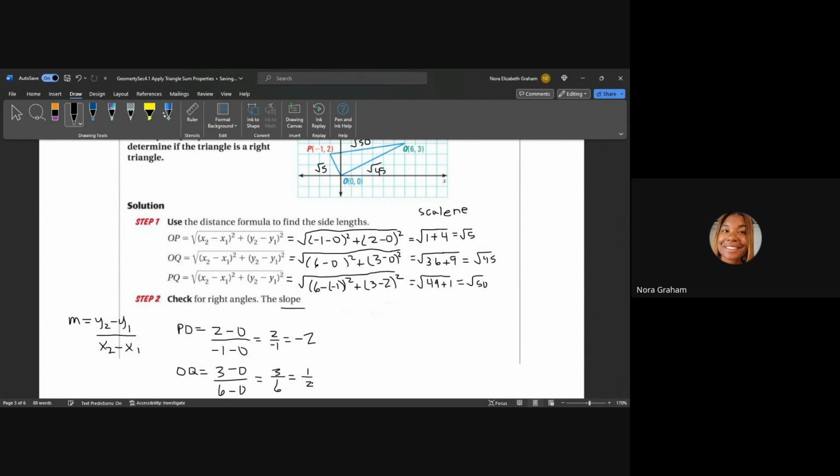Now, I can see the opposite reciprocal of negative 2 is positive 1 over 2. So both these slopes are opposite reciprocals, which means that those two lines are perpendicular, and perpendicular lines form a right angle. Okay, so I just proved that there is a right angle in this triangle. So the type of triangle this would be called is a right scalene triangle. I'll just put right.